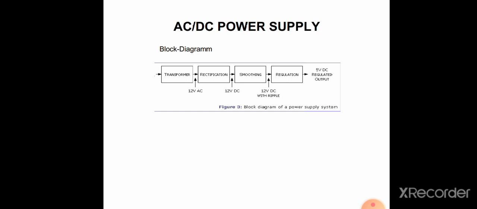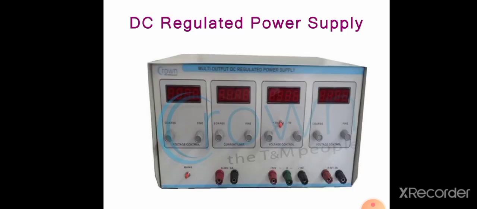This pulsating DC voltage of the rectifier is converted into ripple free steady state voltage by the filter circuit, and the filter output voltage is very close to pure DC voltage. So this is the process which happens inside a DC regulated power supply. This is the picture of a DC regulated power supply.